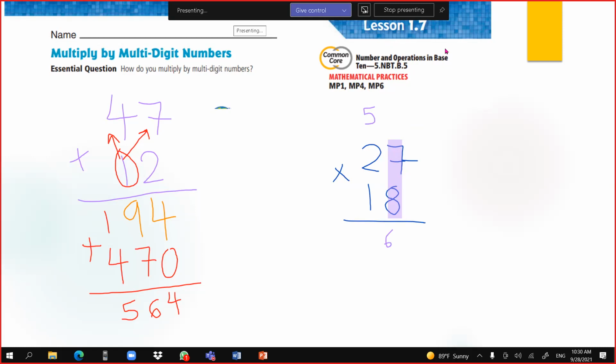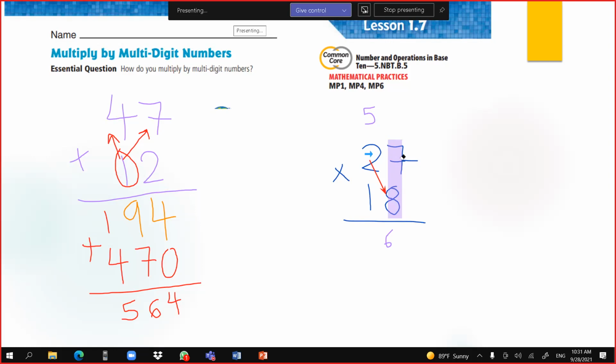Then what do you have to do next? You have to multiply 8 with 2. Let's write it now. Now we're going to multiply 8 with 2.